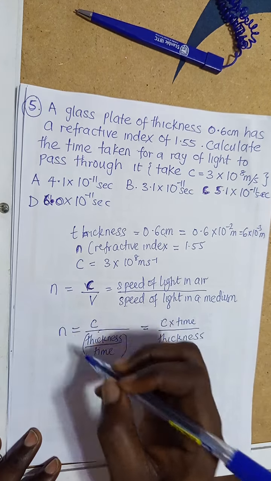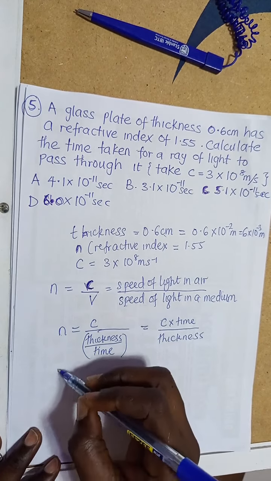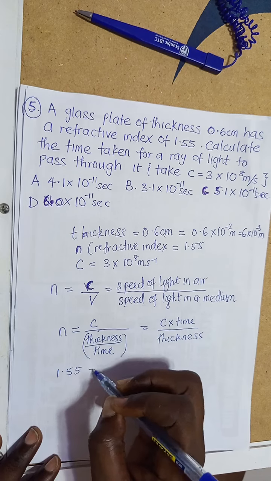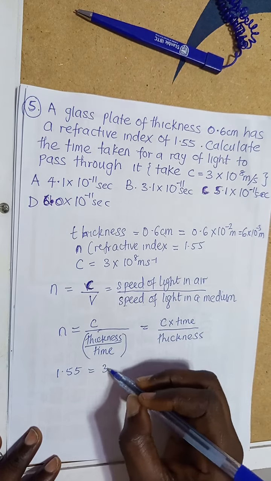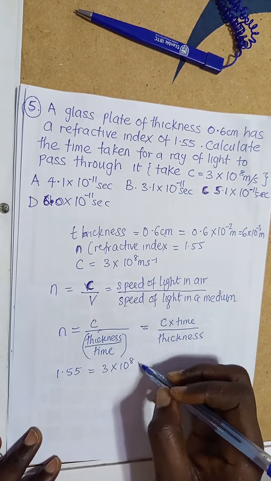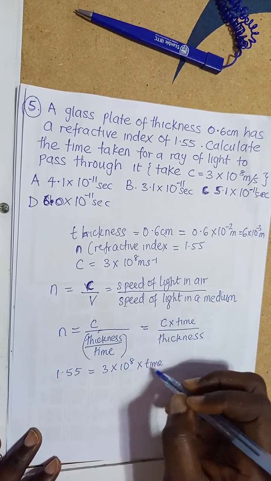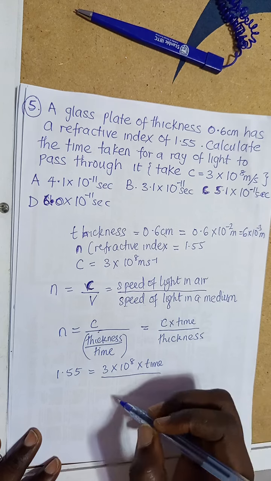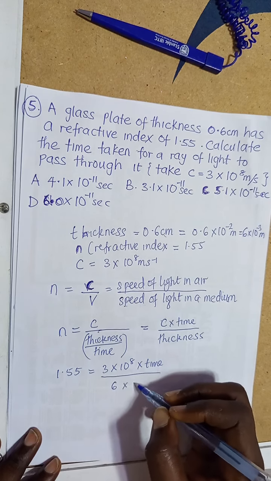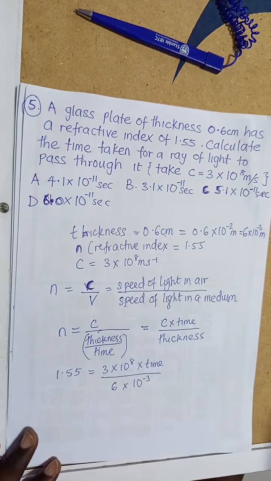So what I will now do is to what? Our n, 1.55, is equal to 3 times 10 raised to 8 times time, divided by what? Thickness is what? 6 times 10 raised to minus 3.